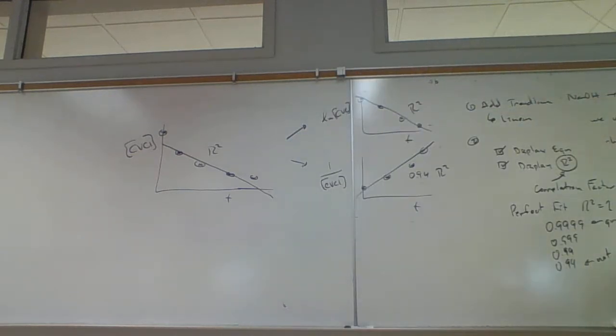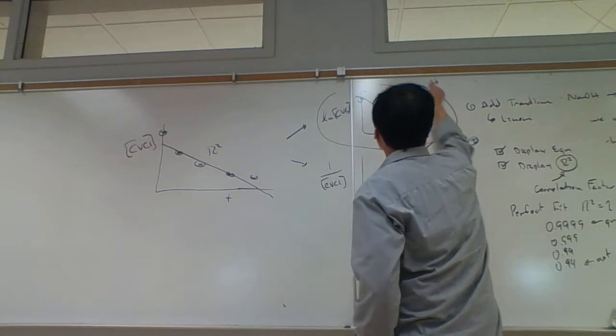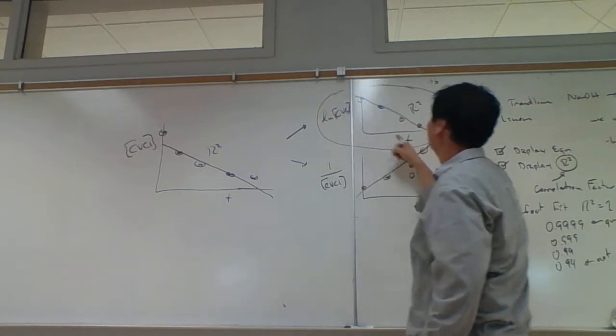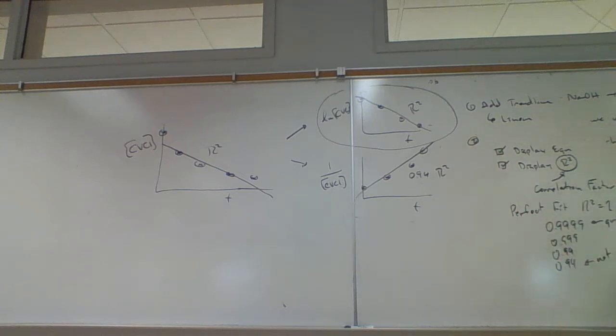All right, for purposes of this lab, let's say the ln plot gave us the highest R squared, the R squared closest to 1. Then we suspect this should be first order in crystal violet chloride.